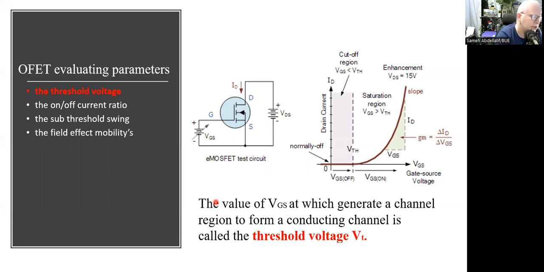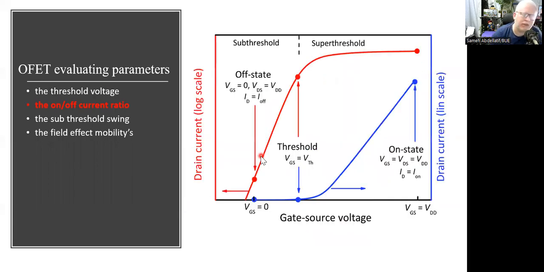A second parameter is the on-off current ratio, which is again a very important parameter. In the on-off current ratio, we have to introduce a region, maybe you heard about it in your undergraduate, I'm not sure, which is the sub-threshold region.